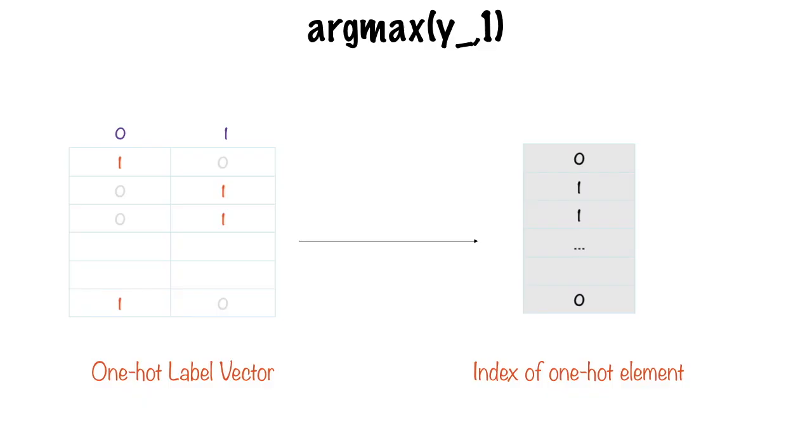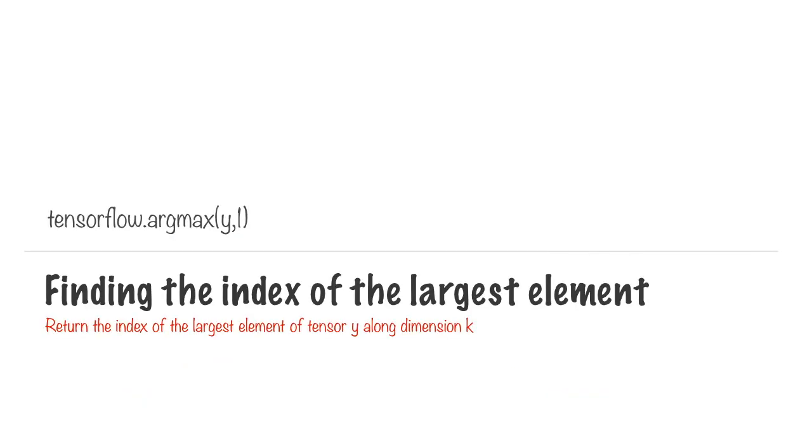We will end up using argmax a lot in the implementation in TensorFlow, so let's understand this function in some detail. Here's what argmax does. It takes in a vector or a tensor and it takes in a dimension. Then what it will return is the index of the largest element of that tensor in that dimension. Let's run through an example to make sure we understand what's really going on.